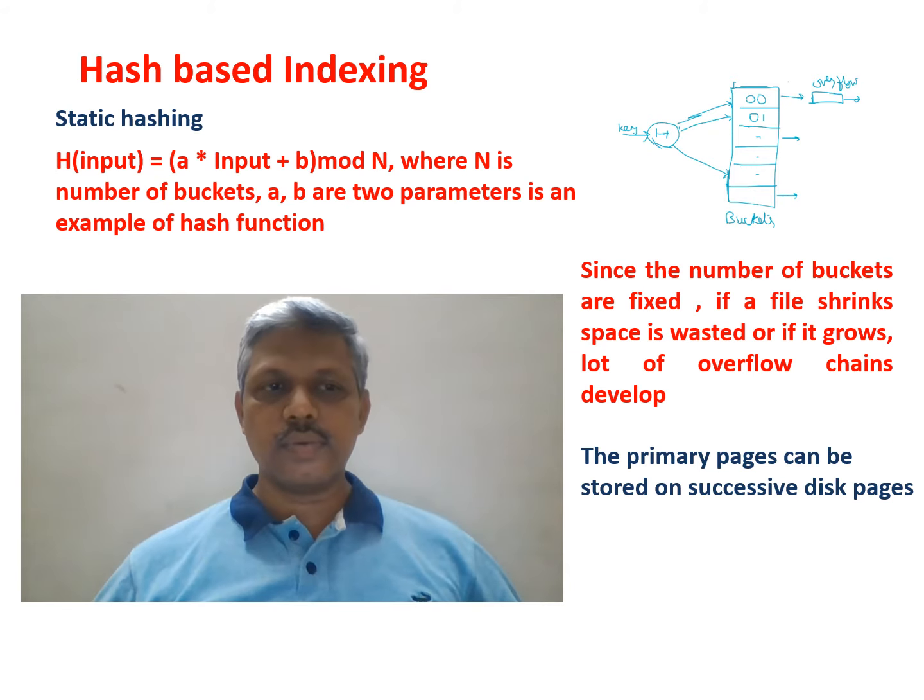Once we do that, we have the number of buckets fixed as N. When the attribute value for which the hashing is to be created is given as an input, the corresponding hash value is generated, and the link to that record is added to that bucket.